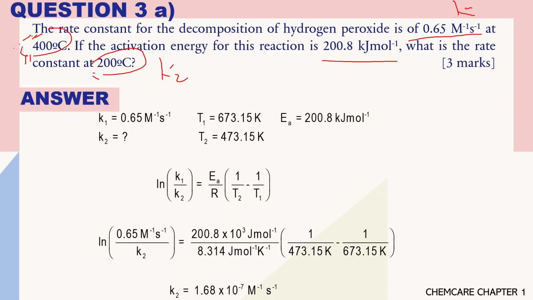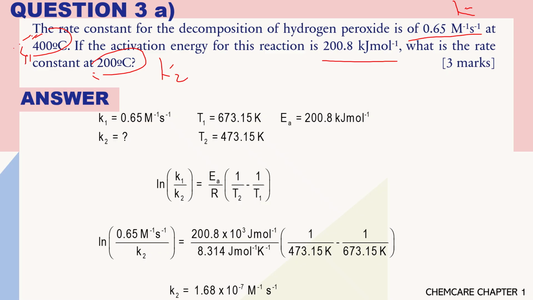So we apply the Arrhenius equation here. ln(k1/k2) equals Ea over R times (1/T2 minus 1/T1). So we insert the k1, T1, T2 values, and we need to find out the k2. So you need to convert the temperature into Kelvin. So we use the temperature in degrees Celsius plus 273.15.